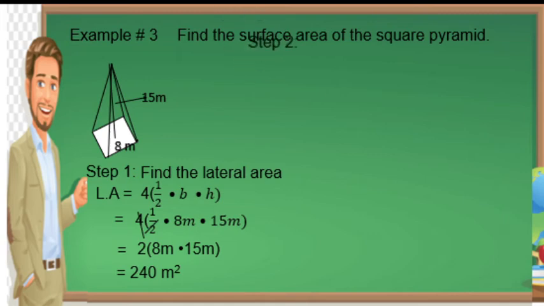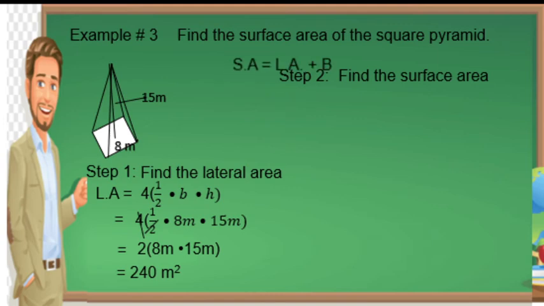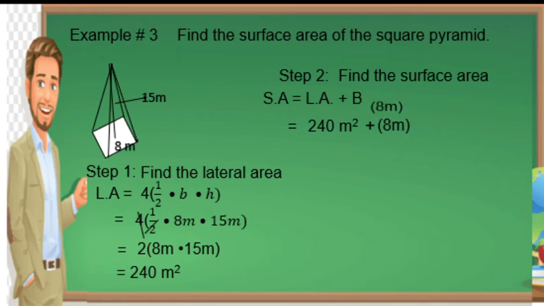Now, let's get the surface area, which is equal to SA is equal to LA plus B. Okay, so this is 240 square meters plus the area of the base. So that is 8 times 8.